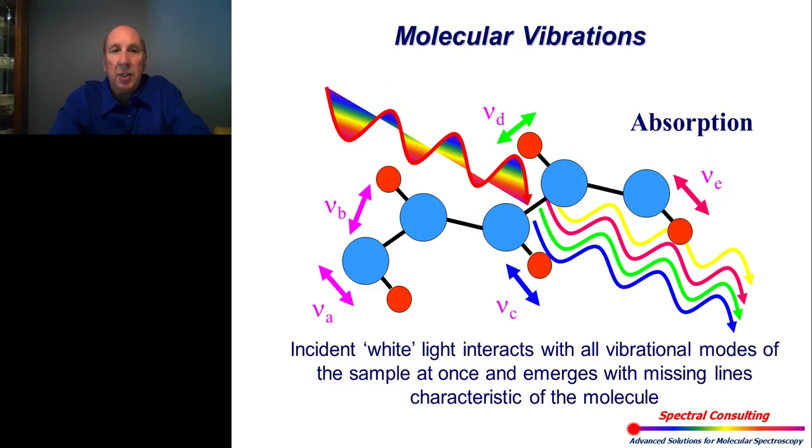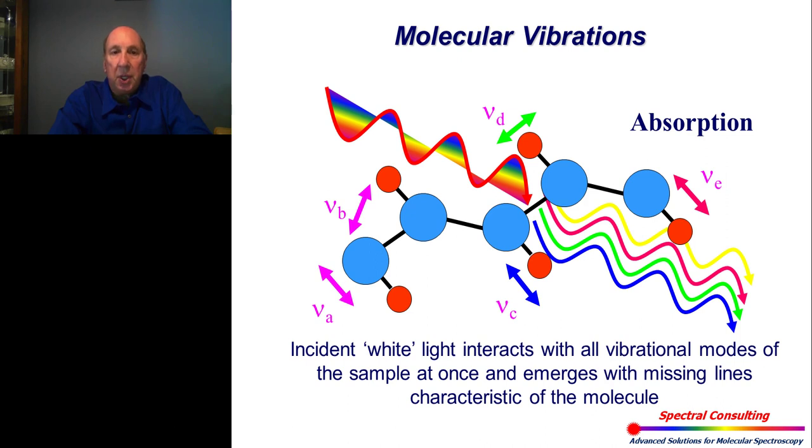So in infrared spectroscopy, or FT-IR, incident white light interacts with all the vibrational modes of the molecule as it continues to vibrate. All those little atoms that are attached by molecular bonds are moving in different directions, and they absorb energy from the source.